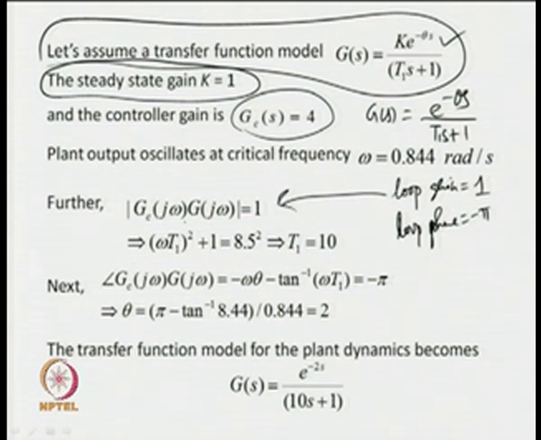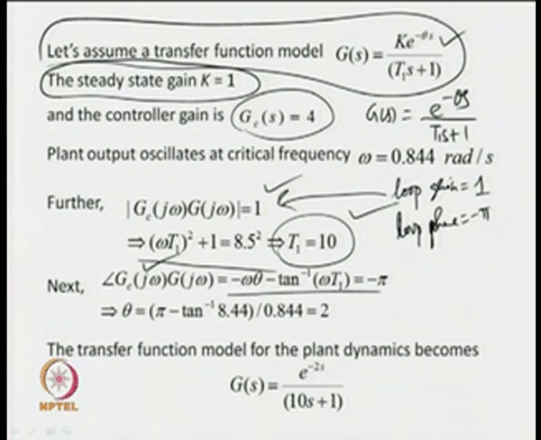the magnitude of G c j omega, G j omega is equal to 1. After simplification, this gives us omega T1 square plus 1 is equal to 8.5 square, which gives us T1 equal to 10. Using the loop phase condition, the angle of G c j omega, G j omega is equal to minus omega theta minus tan inverse omega T1 is equal to minus pi.